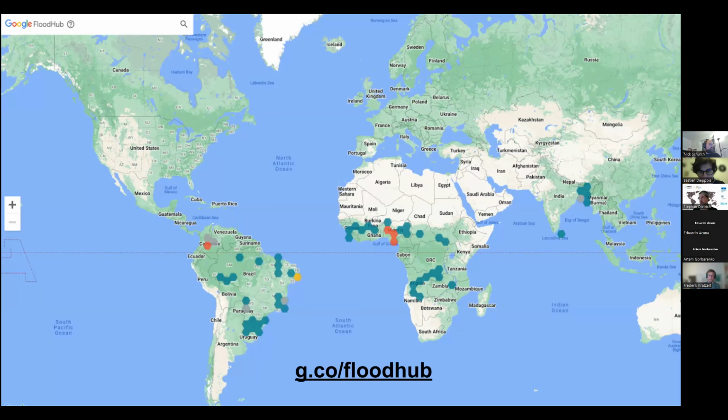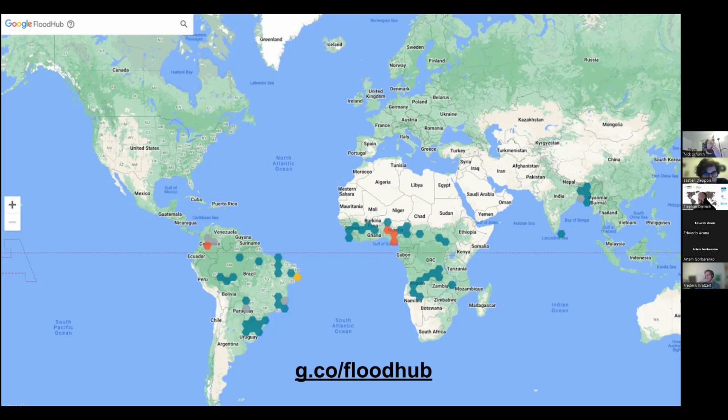This is connected to Google Search and Google whatever. So if you're in a flood-affected area and you search something on Google Search, you would get a warning. This is how we alert in all of India, not added here at the moment, but India is almost completely covered. So we have India, Bangladesh, Brazil, and Colombia as direct partner countries.